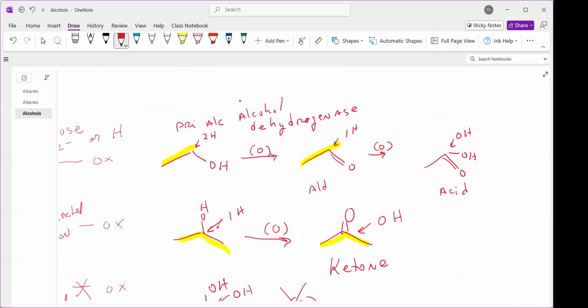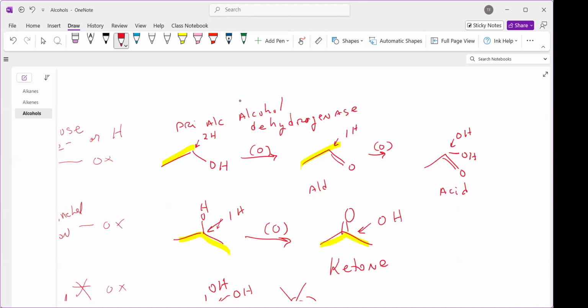Dehydrogenase means pull off an H. It means to oxidize. Enzymes always end in -ase if they're a modern name. The old ones don't have an -ase. So alcohol dehydrogenase enzyme will work on an alcohol, converted to aldehyde.